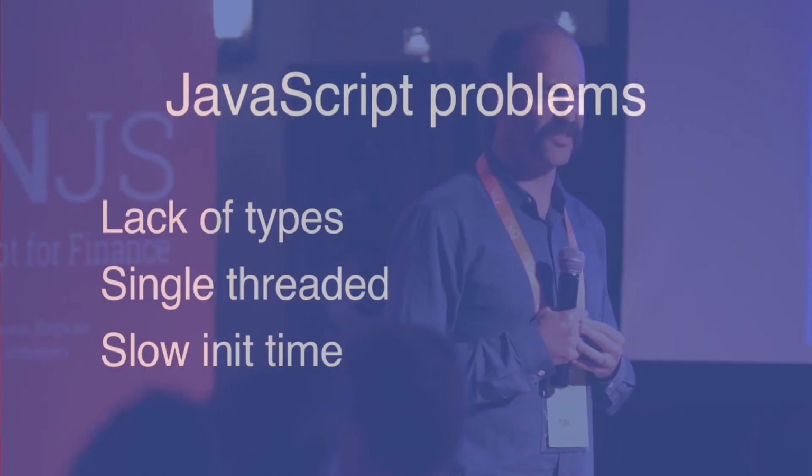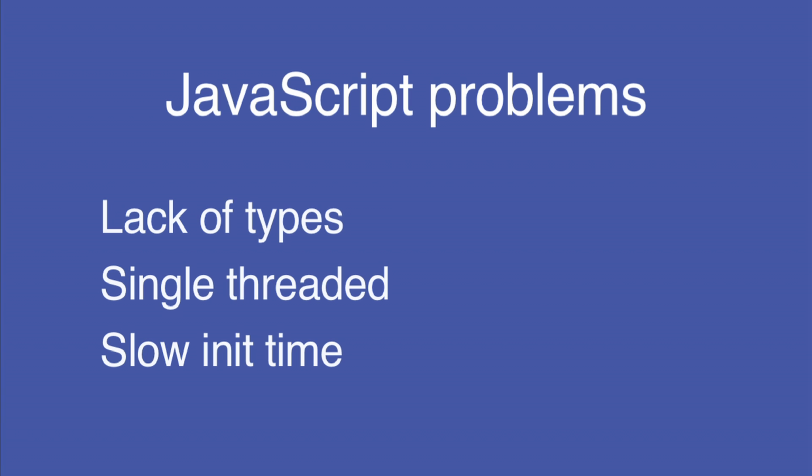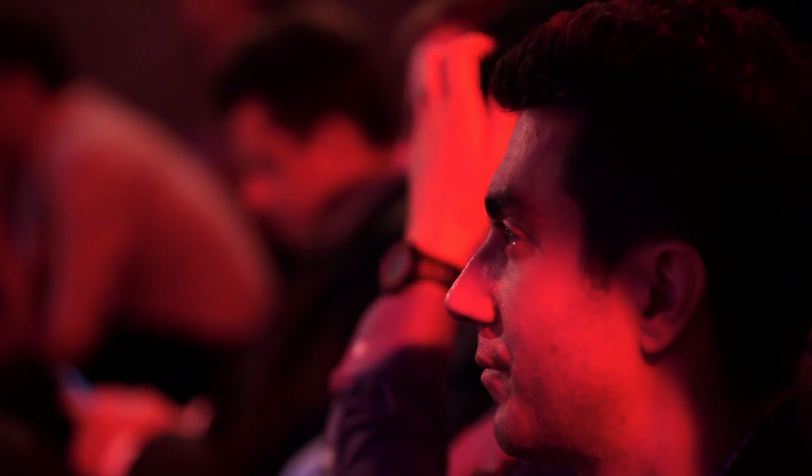Next one is that JavaScript is single-threaded, and this certainly causes a fair amount of FUD. I'm not sure how big a problem it is, but basically, if you have a slow-running JavaScript program, there's not a lot you can do about it except try to not do as much with it, right?